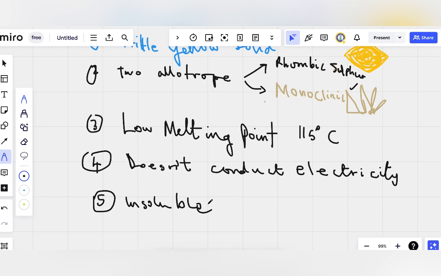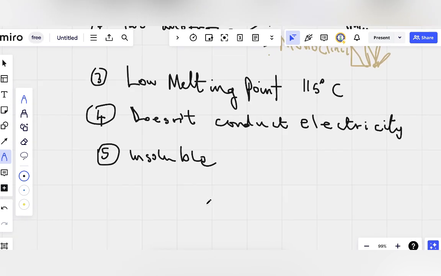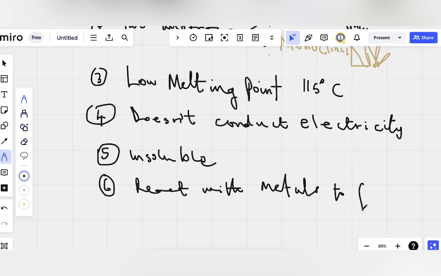It reacts with metals to form sulfide, among other properties. It will react with metals to form sulfide. Like lead, we wrote lead(II) sulfide today.